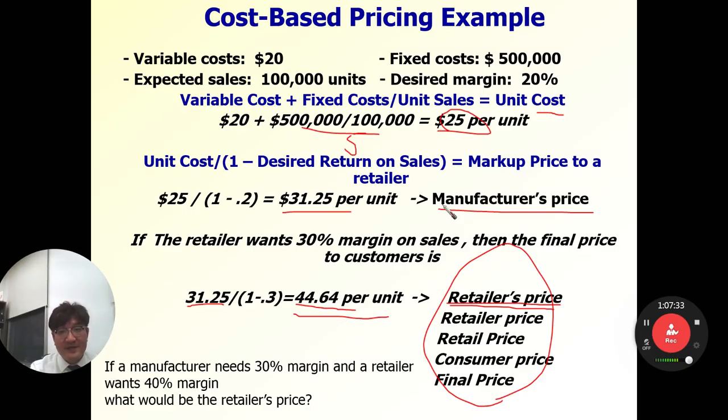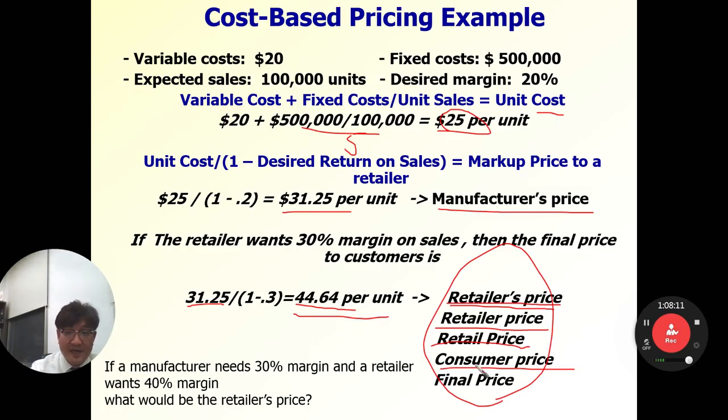For example, for the manufacturer's price, we put the name of the price charger. But here we also call this one the retail price, not retailer's price. This is so confusing. Just think about this: how could the retailer price and consumer price point to the same thing?